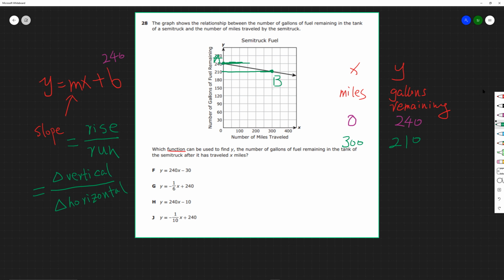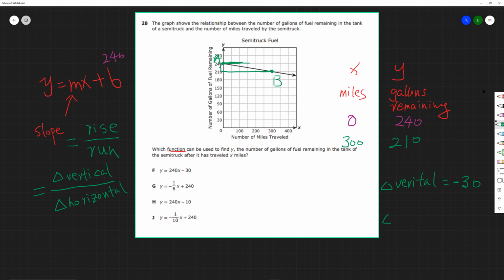The vertical difference is 30. But when we go from A to B, it's decreasing from 240 to 210. The gallons of fuel decreased by 30. Since it's decreasing, this is a negative 30. So the difference between the 2 points is negative 30.